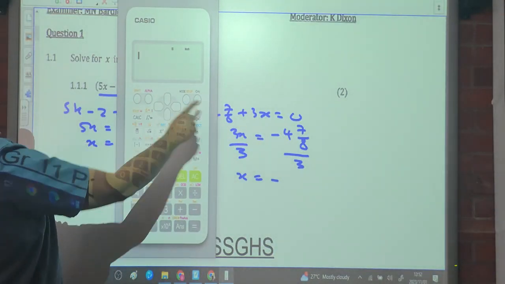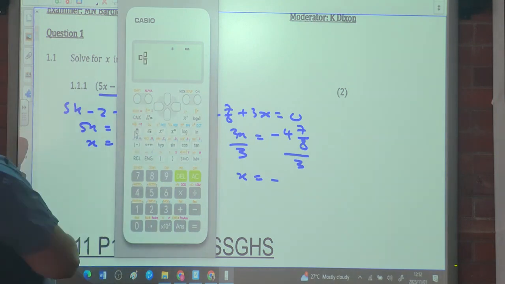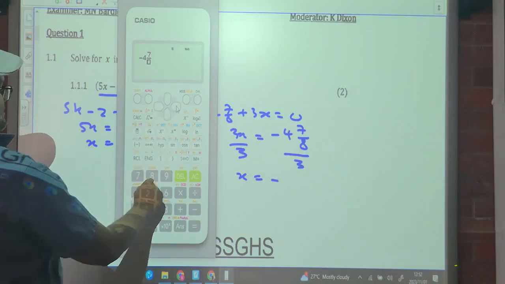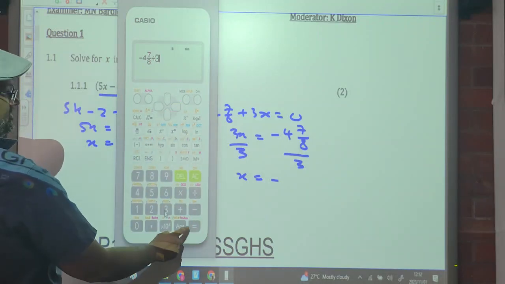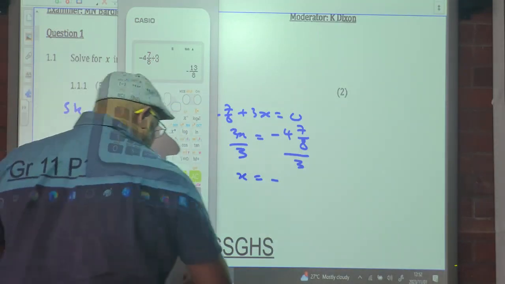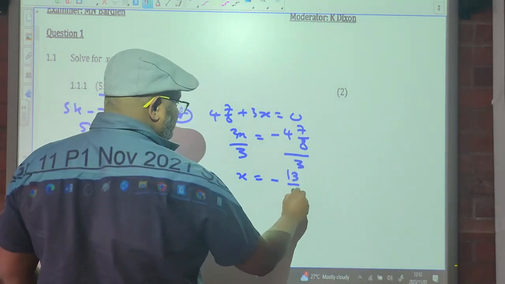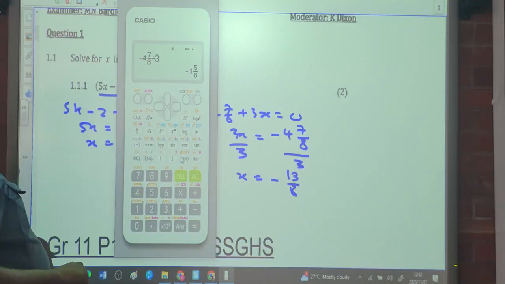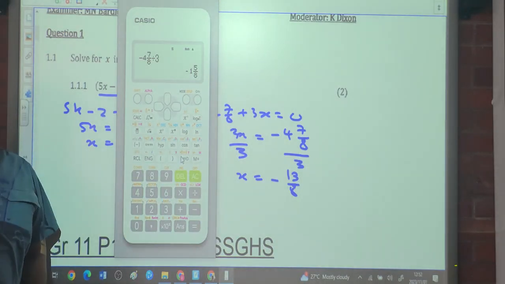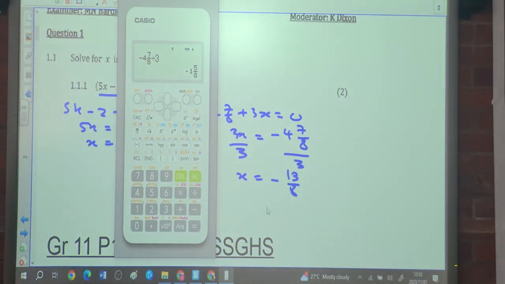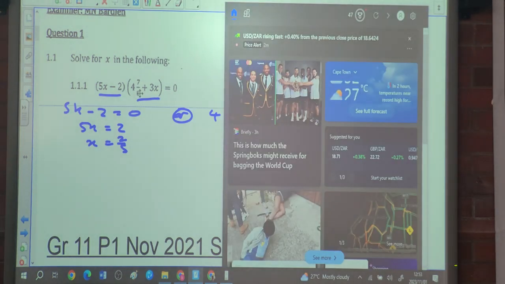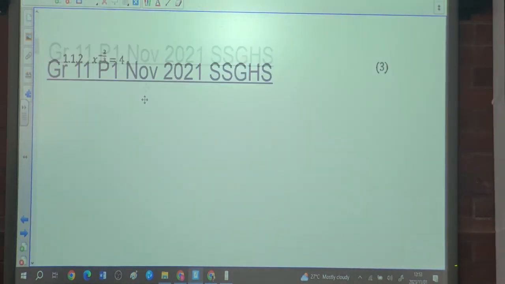Now to get a mixed fraction, you press shift and then the button there. So it's negative 4 and 7 over 8 divided by 3. So negative 13 over 8. Or you could have written it as negative 1 and 5 over 8. Okay. Any confusion there? No? Carry on.